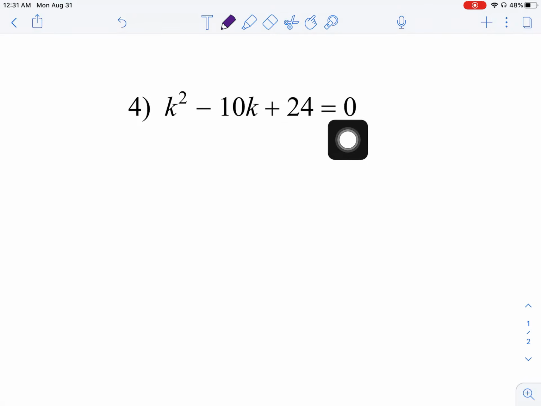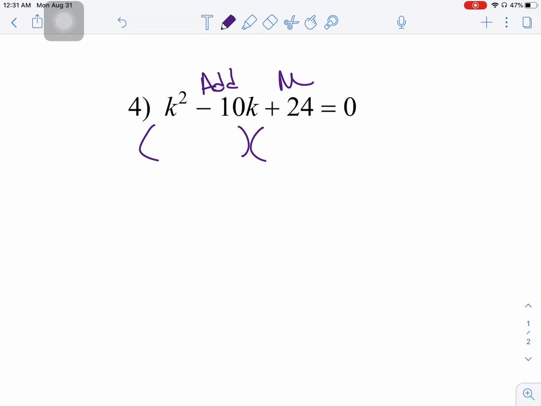Okay, example number 4. Is it equal to 0? Yes. Is it factored? Unfortunately, no. So that's what we're going to factor. We're looking to multiply to 24 and add up to 10. So I need to be careful with my signs here. I'm going to split my k here. What multiplies to 24 and adds up to negative 10?